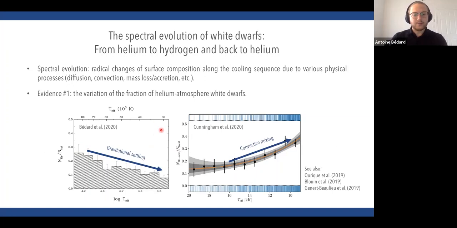So at this temperature, we see a hydrogen-rich atmosphere. But then at lower temperatures, a convection zone appears in the surface hydrogen layer and eventually reaches the underlying helium layer. So the surface hydrogen ends up fully mixed in the helium envelope. So at this temperature, we see once again a helium-rich atmosphere.